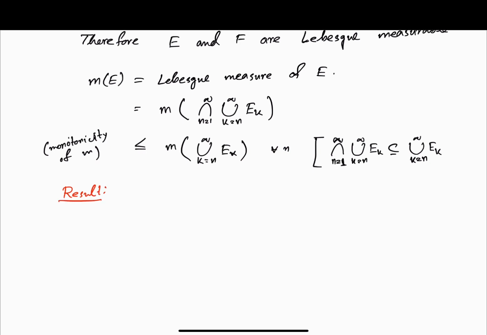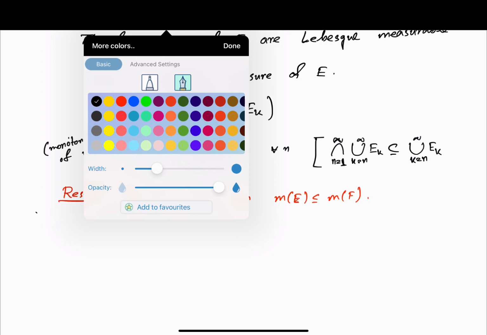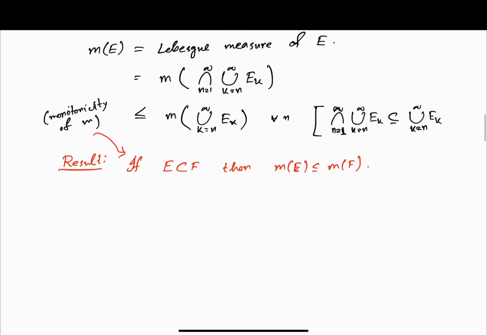What it is saying: if E is a subset of F, then m of E is less than or equal to m of F, right? So this is called the monotonicity of measure. So what we have, m of E, we have got this one.